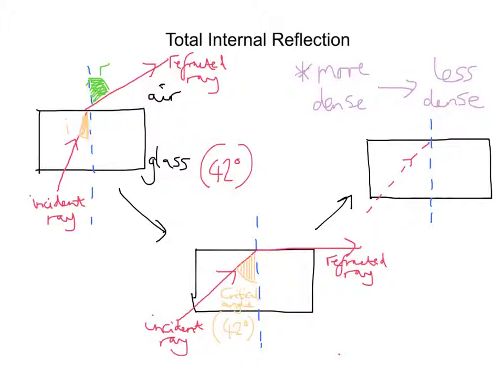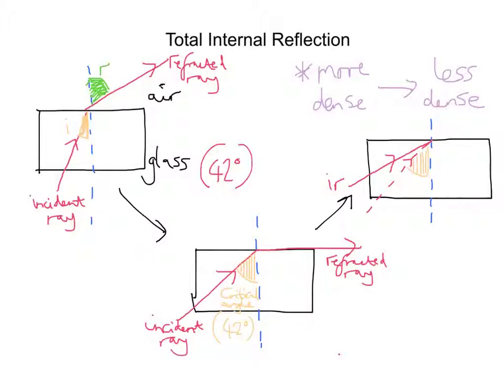Now we're going to imagine that the incident ray is coming in at an angle greater than the critical angle. So I'll put IR for incident ray. In yellow, here, I'll show the critical angle.